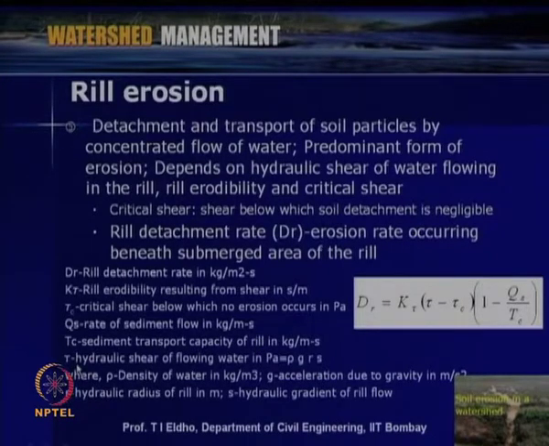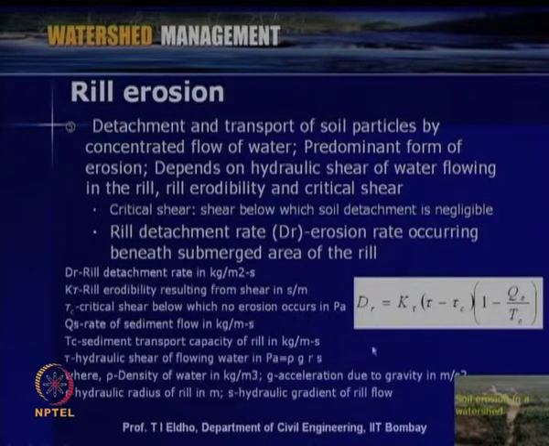Tau is the hydraulic shear of flowing water, which can be written as rho g r s, where rho is the density of the water, g is the acceleration due to gravity, r is the hydraulic radius of the rill, and s is the hydraulic gradient of the rill flow.